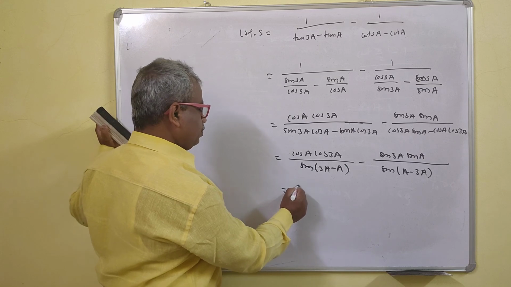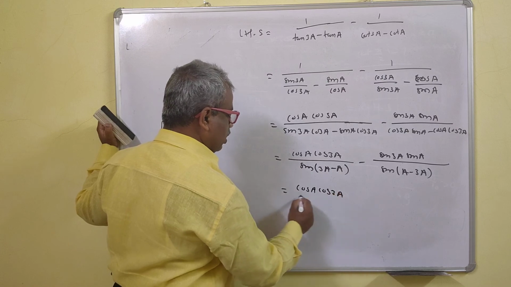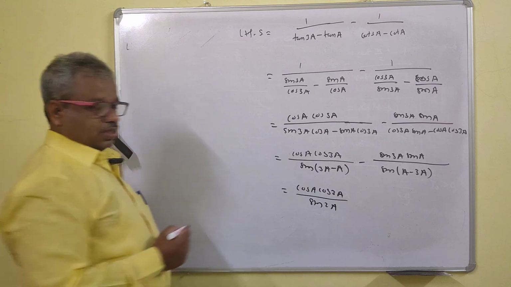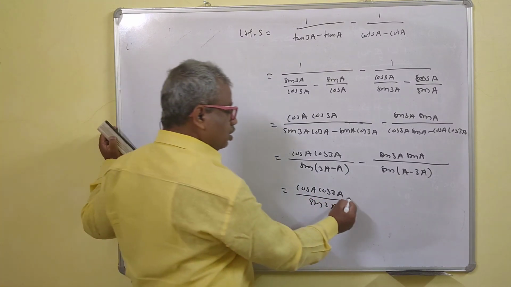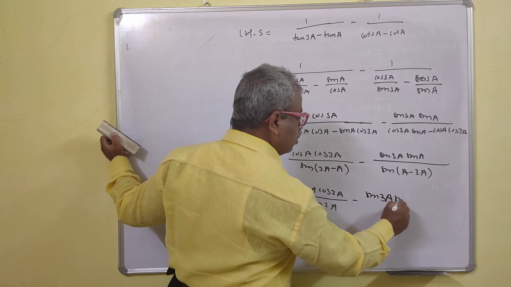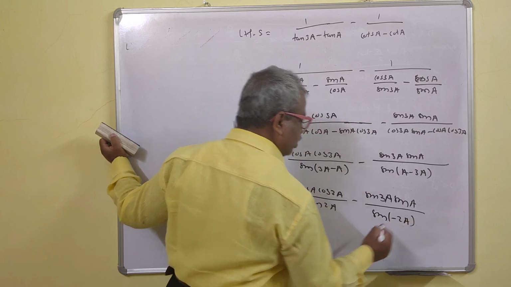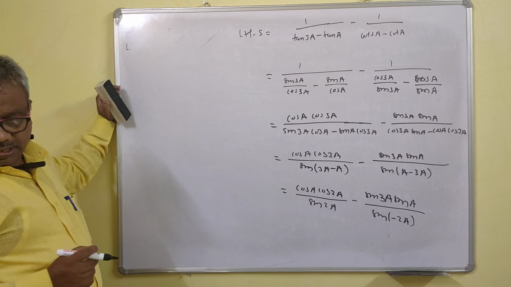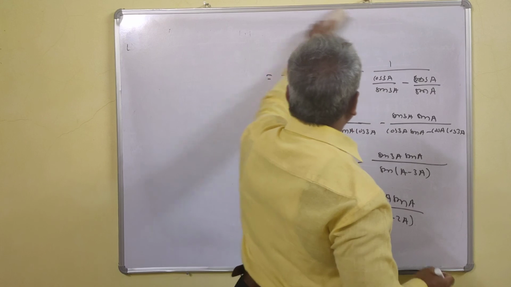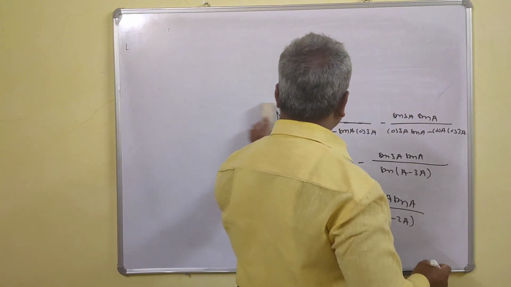So this will be cos A cos 3A upon sin 2A, minus sin 3A sin A upon sin of minus 2A. This is also a very simple problem actually.